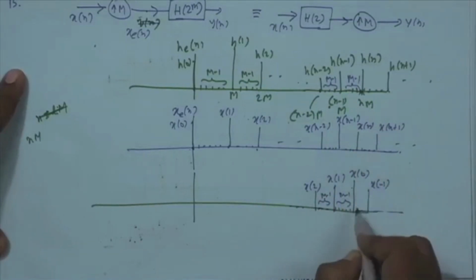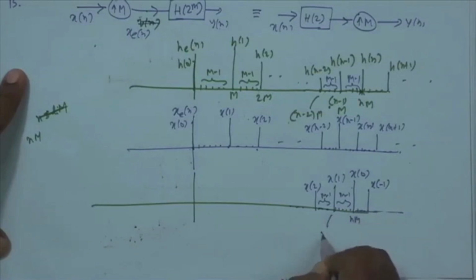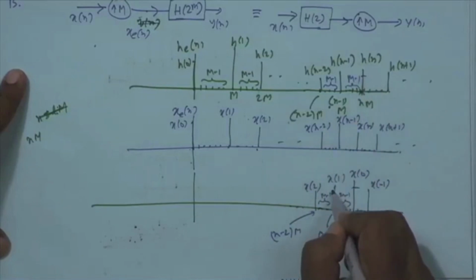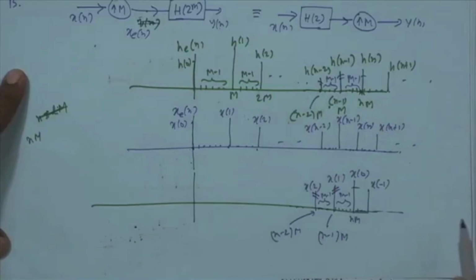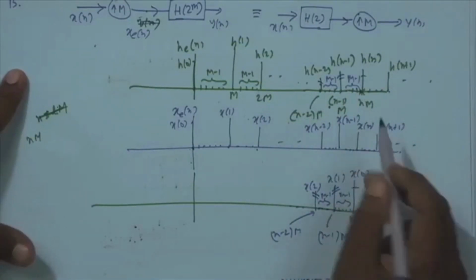Why m minus 1? Because I am at nmth point and expanded n into m, followed by m minus 1 zeros on this side and this side. So, this will be n minus 1 into m, this will be n minus 2 into m, because that is why this is coinciding with this, and this, and this, like that, and this 0 block, 0 block, 0 block. So, 0 into 0 contributes nothing.